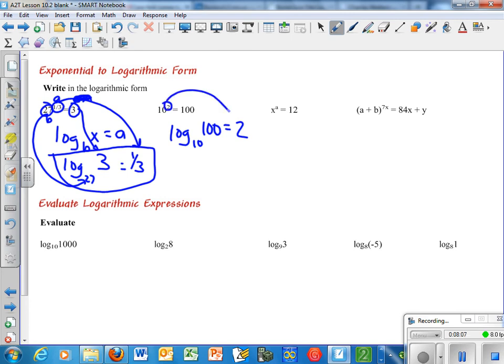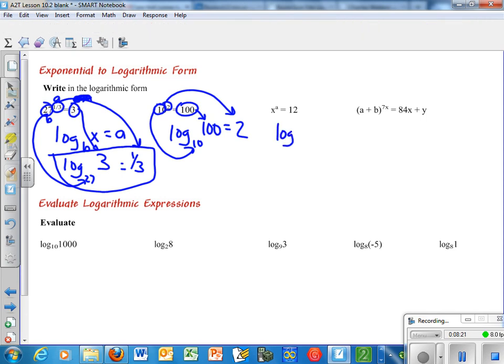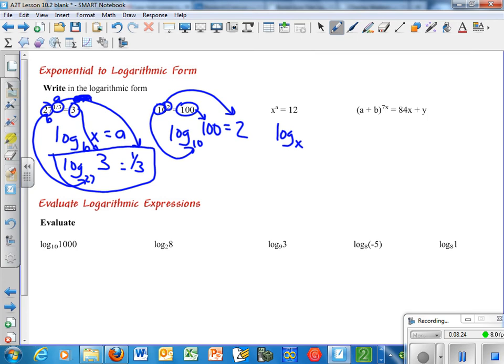Remember, the exponent goes over on that side, the non-log side. Here's the base. That goes down here as the subscript. And that goes there. So this would be the log in base x of 12 is equal to the exponent, or the power, which is a.